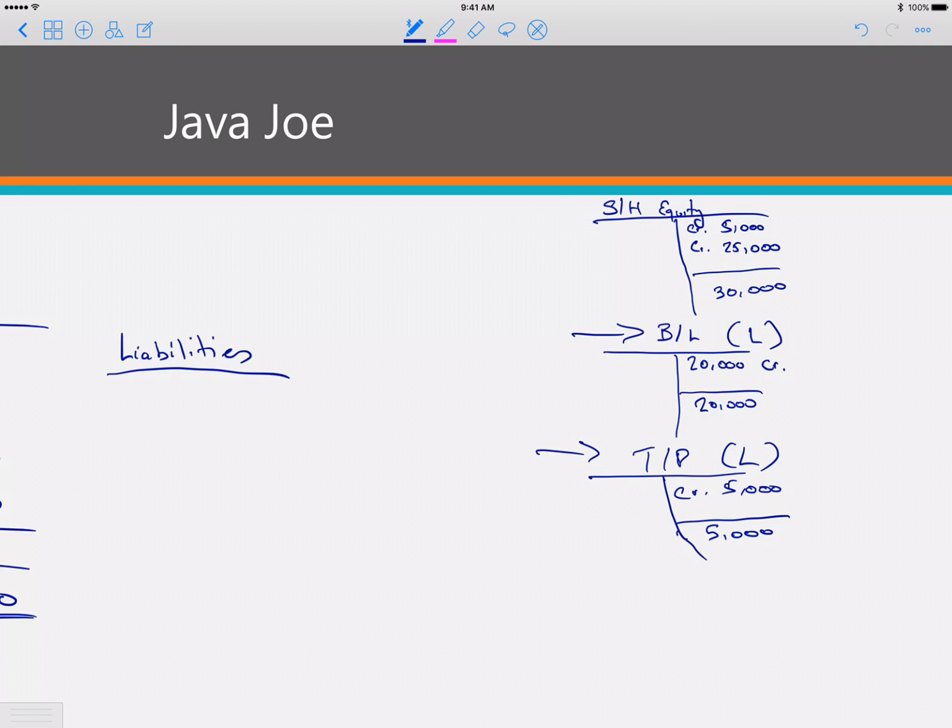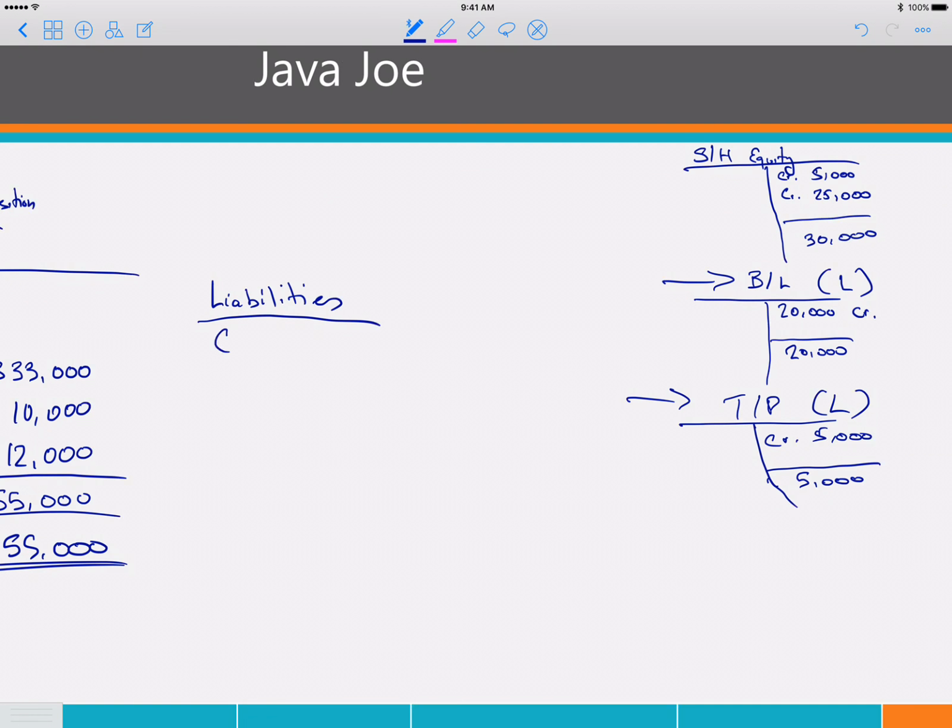So typically, trades payable are the most liquid of our current liabilities. So that would go first in our current liabilities section. So we have our trades payable of $5,000. And that is our total current liabilities of $5,000.